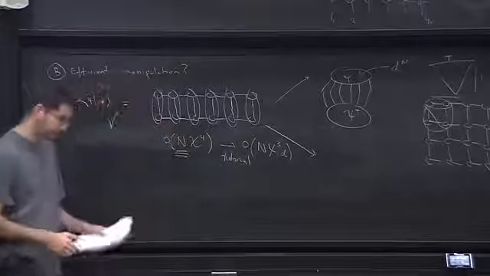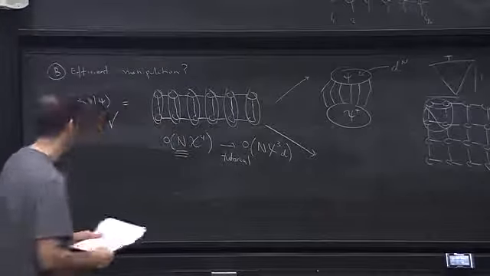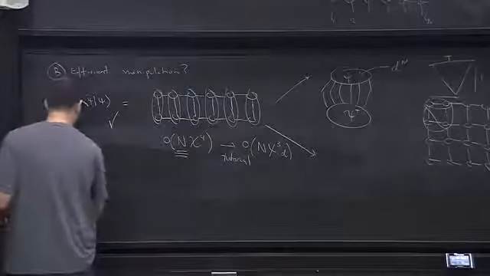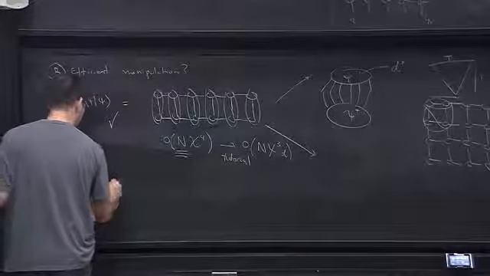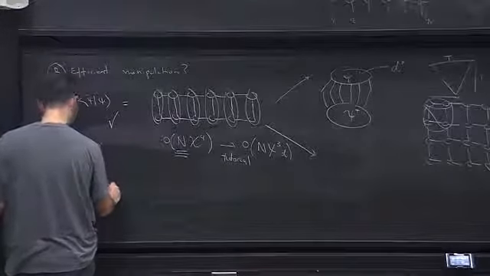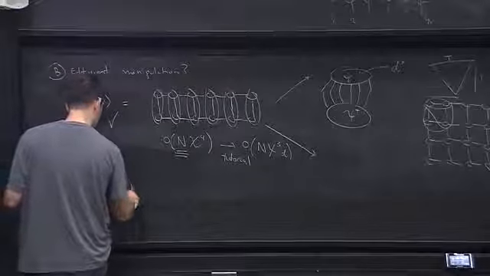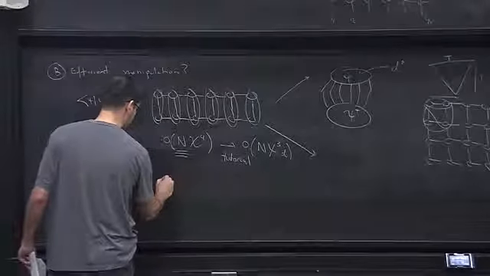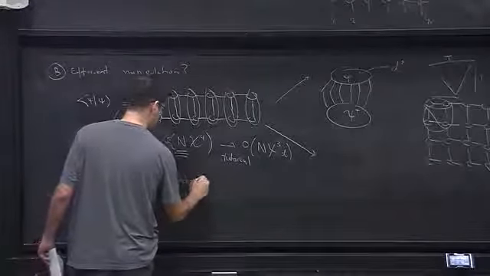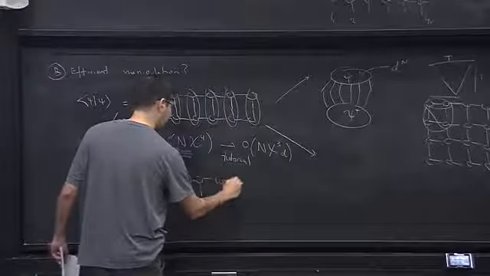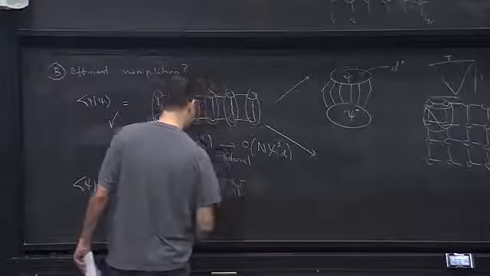Okay? Next question. What about the expectation value of a local observable on site 3? Well, we're going to write this. It's going to look similar to what we had just a moment ago. Okay?